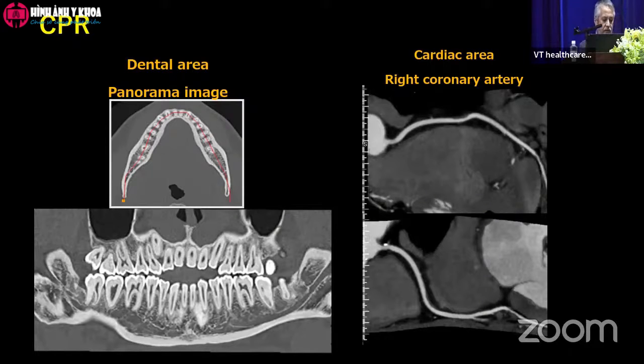In the dental field it is the same as panorama photography. In the heart region, the blood vessels surrounding the heart can be displayed on a plane so that blood vessel information can be easily grasped.